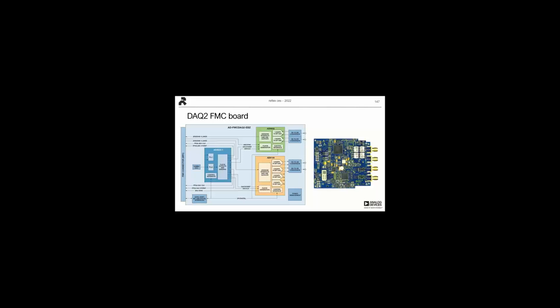A little bit about the DAQ2 FMC board. That's based on converters, so you see on the right the AD9680 and AD9144. We have the clock scheme here. And this is the HPC FMC connector connecting to our system on module.